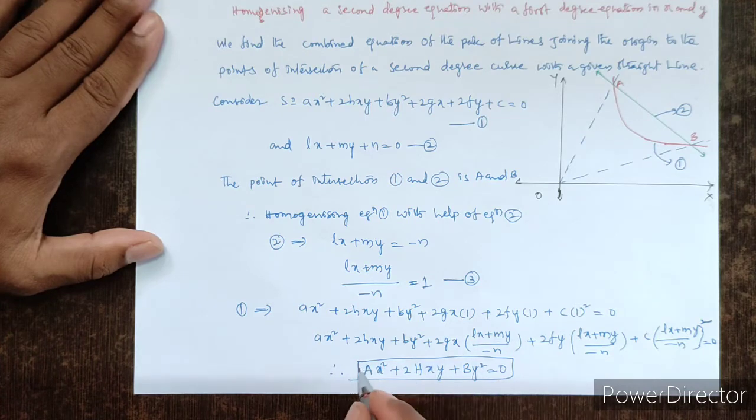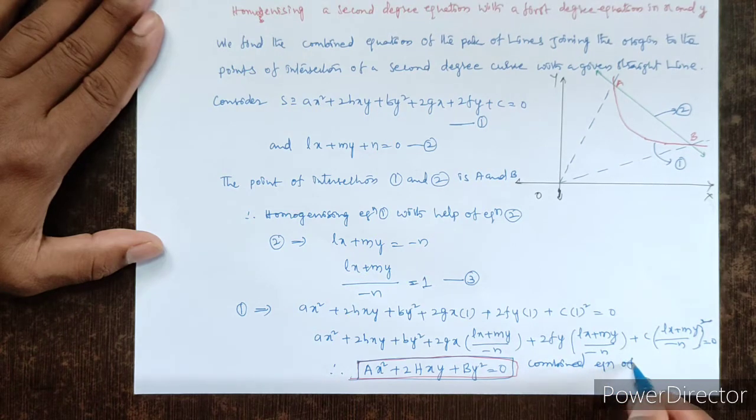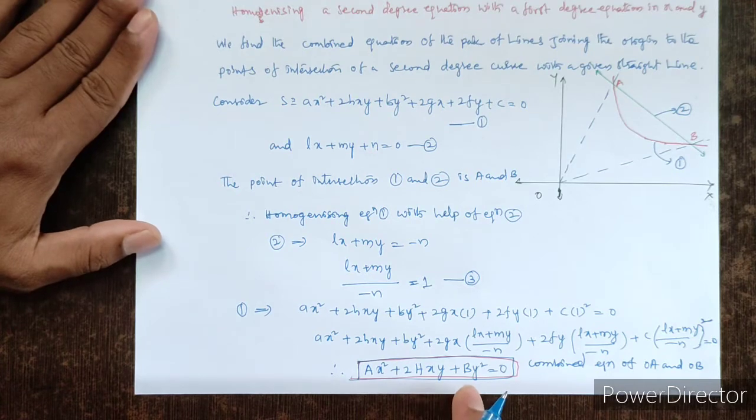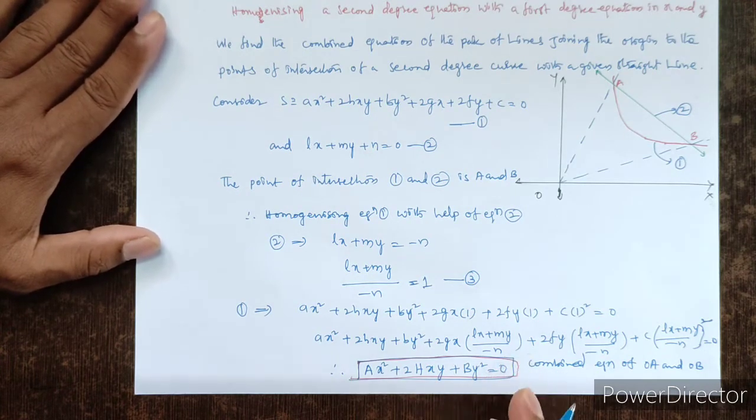This is nothing but a homogeneous equation, the combined equation of OA and OB. So this is the homogeneous equation. It represents a pair of lines which passes through the origin.